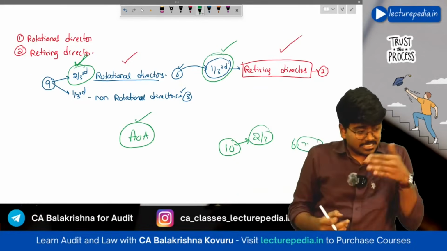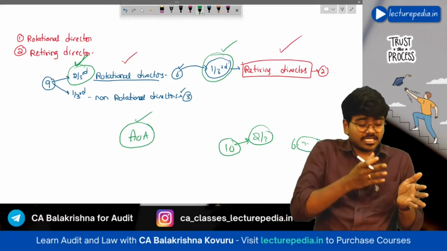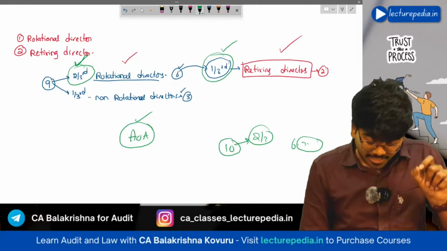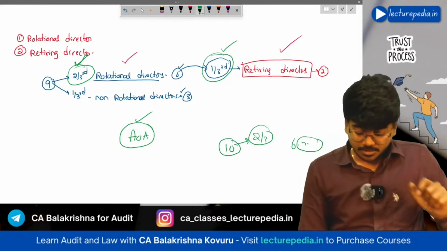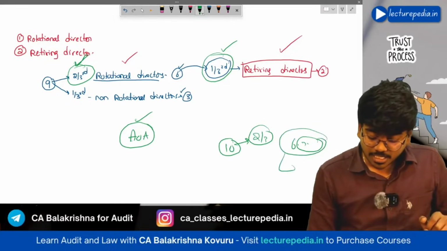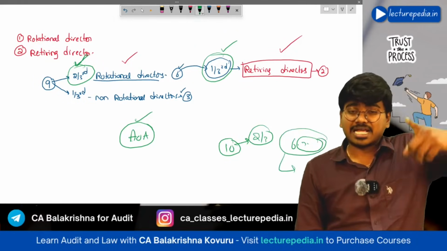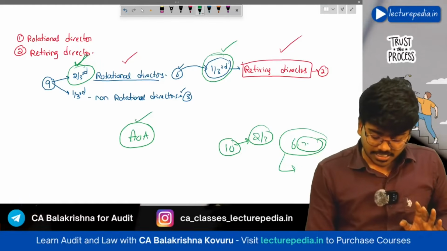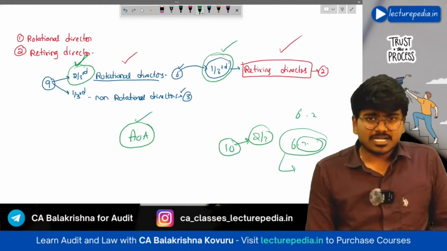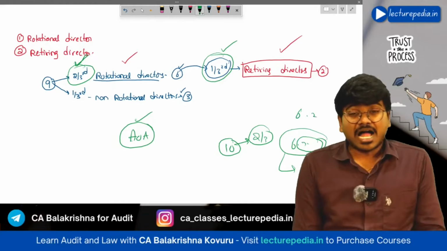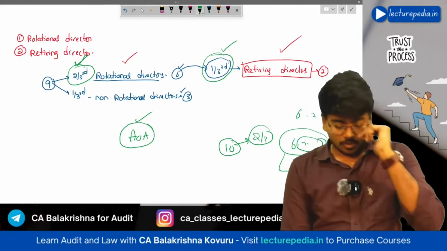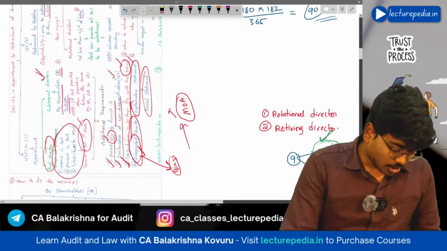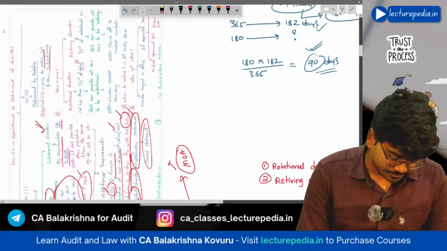It should be either 6 or 7, he cannot be 6.7. So for calculating two-third, you have to always round up. If you get 6.2, 6.3, 6.4, you should round it upward, because the terminology that has been used is not less than two-third.